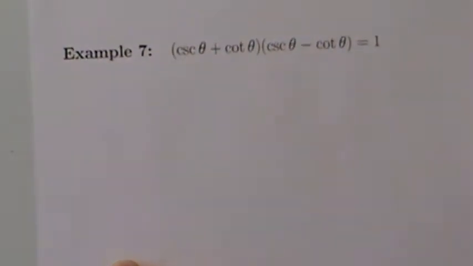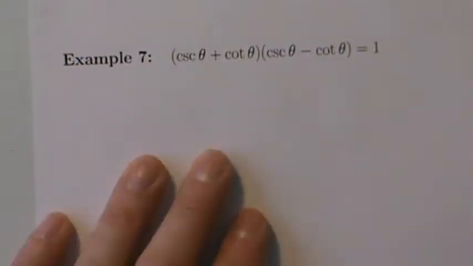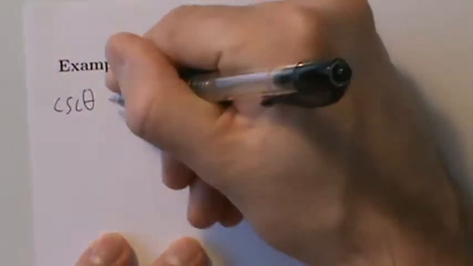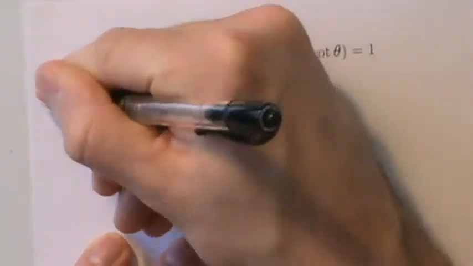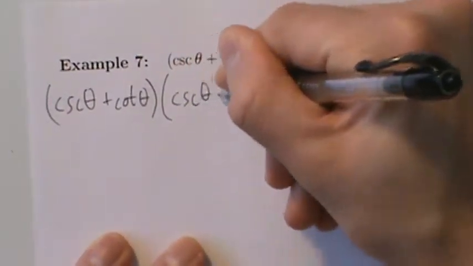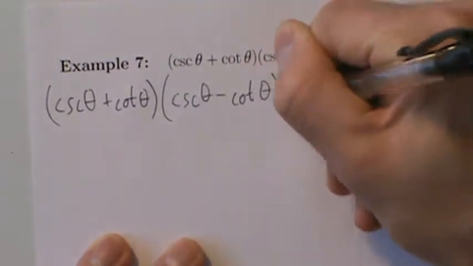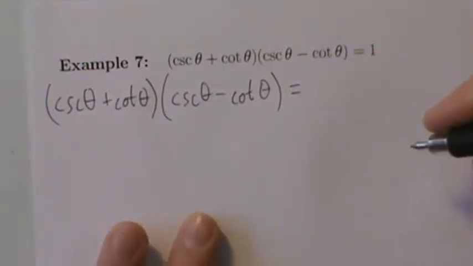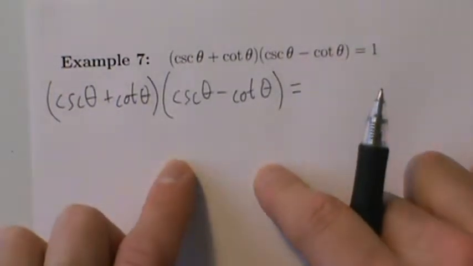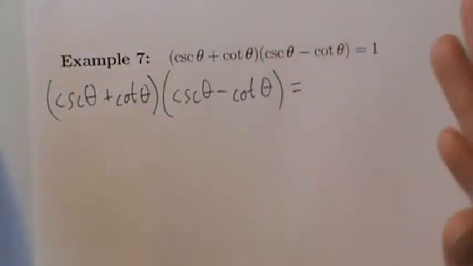Okay, so what are we going to do here? Start with the left side: cosecant of theta plus cotangent of theta times cosecant of theta minus cotangent of theta equals what? Something that hopefully jumps out at us right away is to multiply this out, to FOIL it.